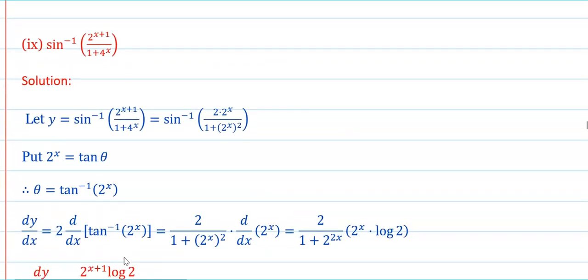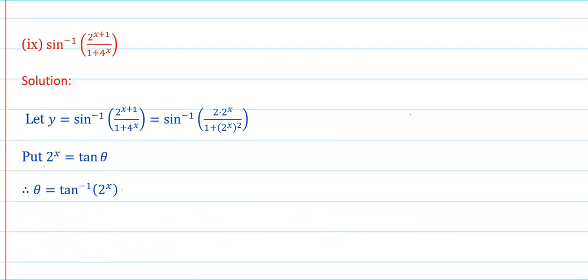Okay. Now the next problem. Here y is equals to sine inverse of 2 raised to x plus 1 upon 1 plus 4 raised to x. Okay, now this can again be written as: 2 raised to x plus 1 means 2 raised to 1 into 2 raised to x.